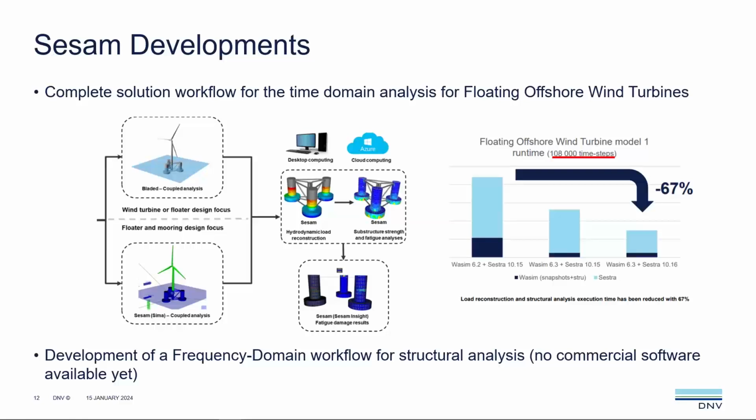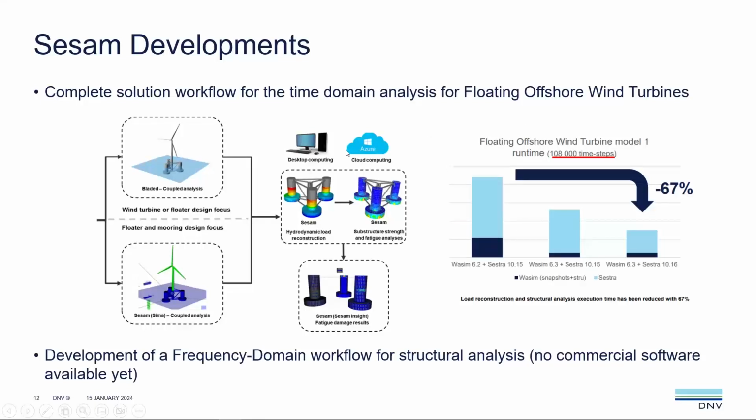In parallel, also, we've been working on developing frequency domain models to predict these fatigue and extreme loads on the floater a lot more rapidly than with these more detailed time domain approaches, just to allow the user to iterate the design at a very early design stage.